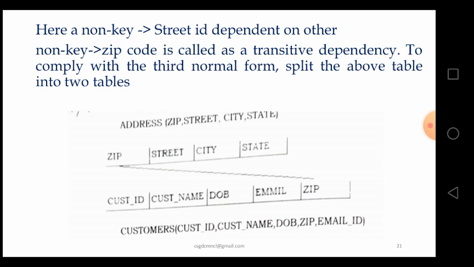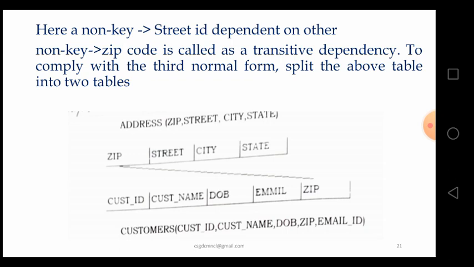Here we discuss another example. I take the employee details table: employee ID, employee name, employee zip, employee state, employee city. These are the different attributes of the employee details table.